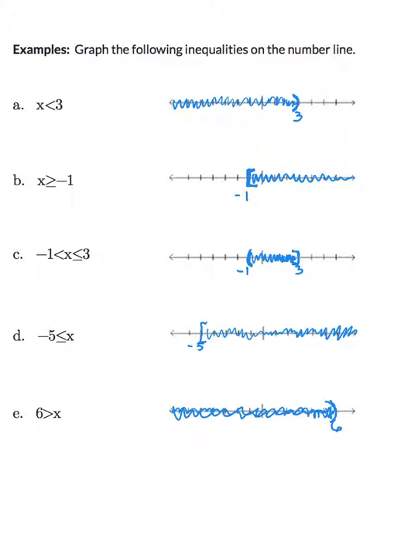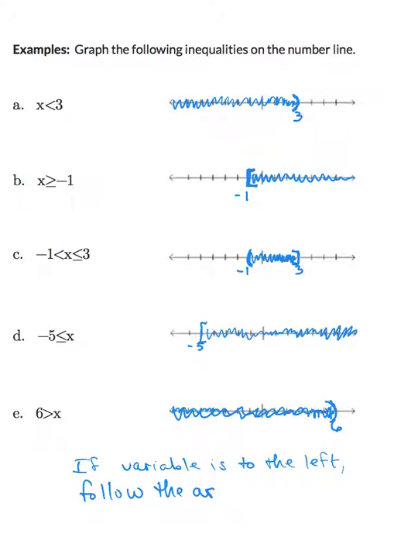So one of the reasons that I wanted to look at D and E is to point out that you do want to be careful when looking at inequalities. One of the basic rules is if the variable is on the left, then you can follow the arrow.